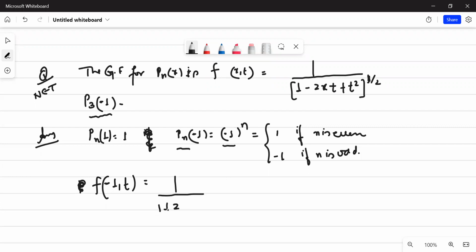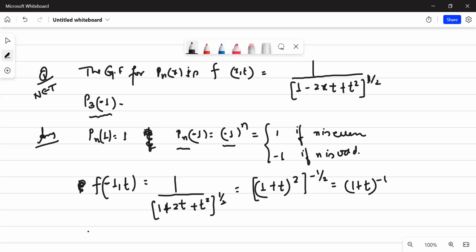The expansion will be (1 plus 2t plus t square) raised to power minus 1 by 2, or you can simply write (1 plus t) whole square and then minus half, so it will be (1 plus t) raised to power minus 1. So it is equal to the summation of Pn(-1) t raised to power n, and it is equal to 1 minus t plus t square minus t cube plus t raised to power 4, and so on and so forth.